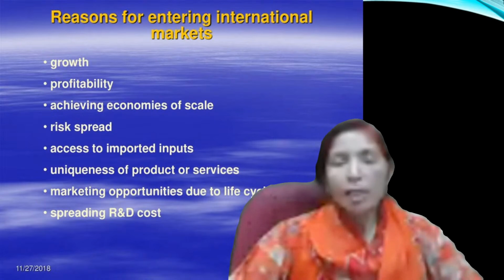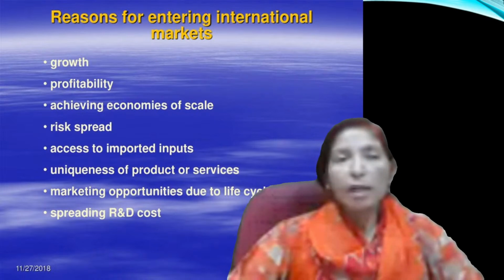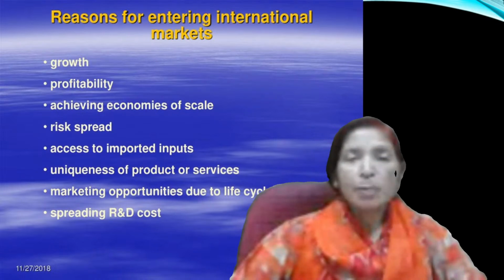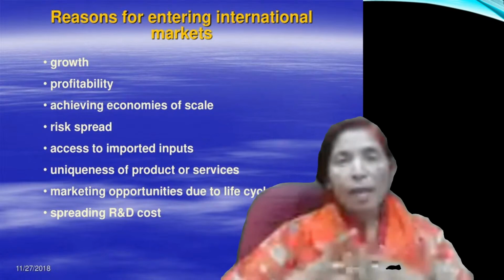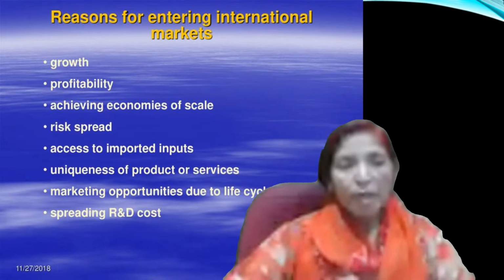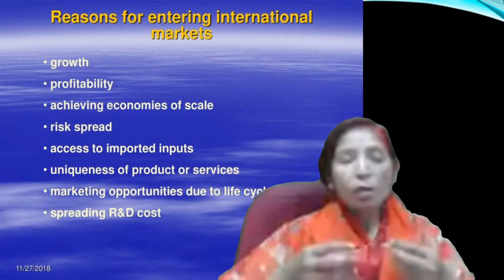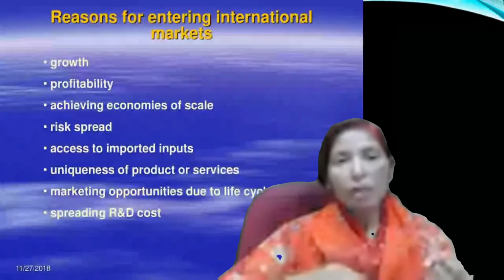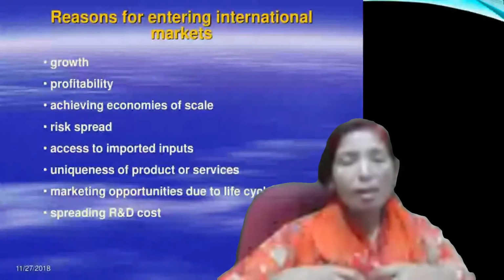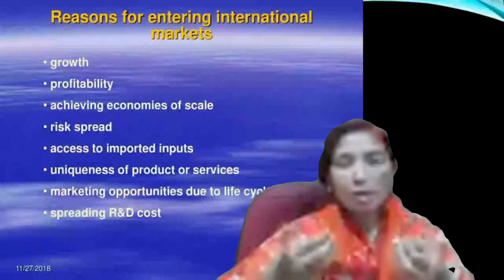And through international business or international markets, risk is spread out, so that if risk is spread, then profit will increase. It also gives access to imported inputs. We can access imports which are not available in our country. Through international markets or international business operations, we can also access technology which is not available in our country.